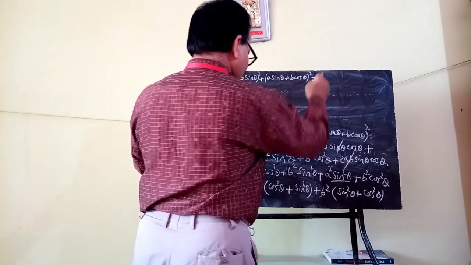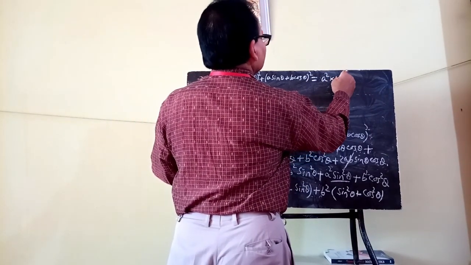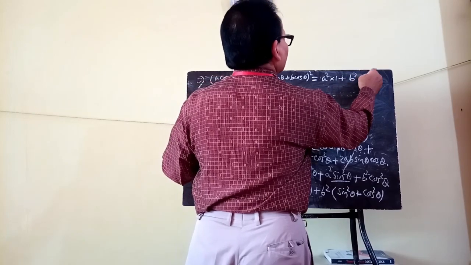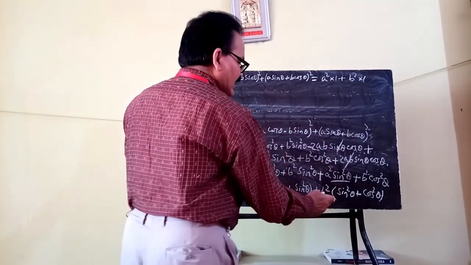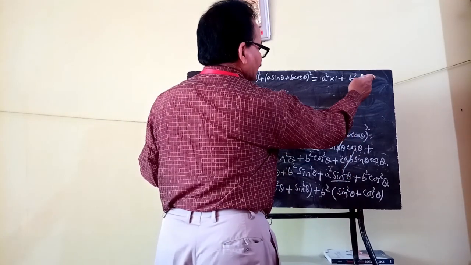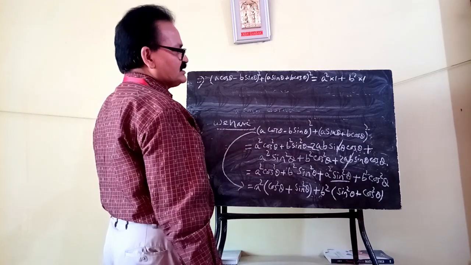On the RHS, after simplification, you have got this. So you again rewrite this: a cos theta minus b sin theta whole square plus a sin theta plus b cos theta whole square equals a square into 1 plus b square into 1, because cos square theta plus sin square theta is 1 and sin square theta plus cos square theta is again 1. So you have seen this value.